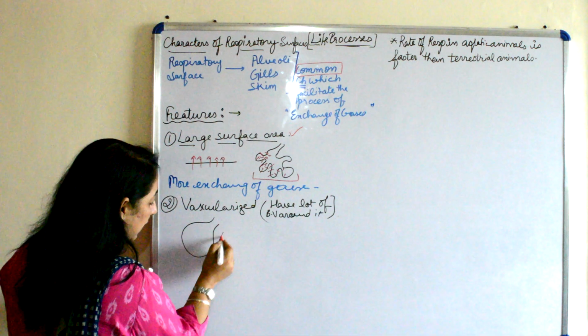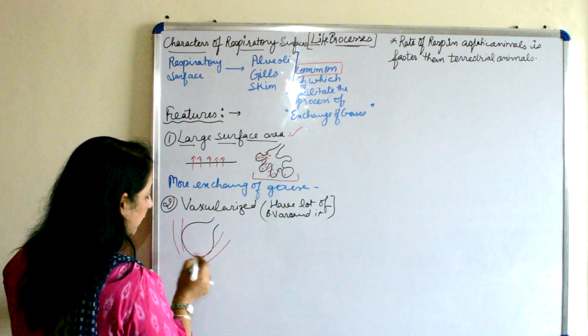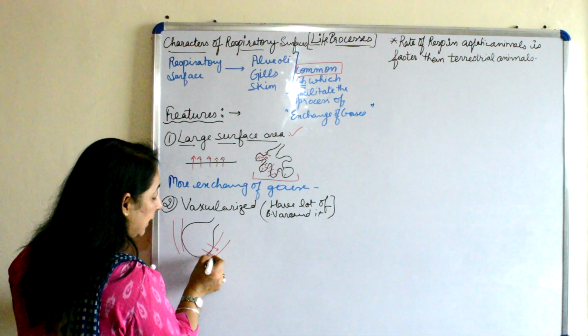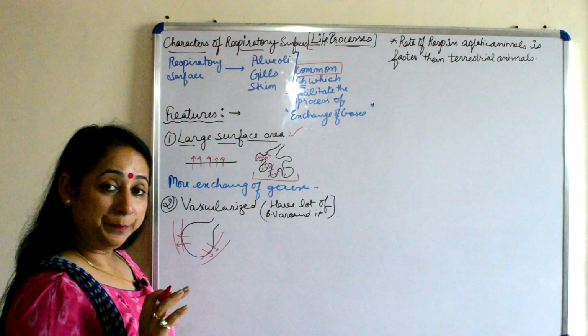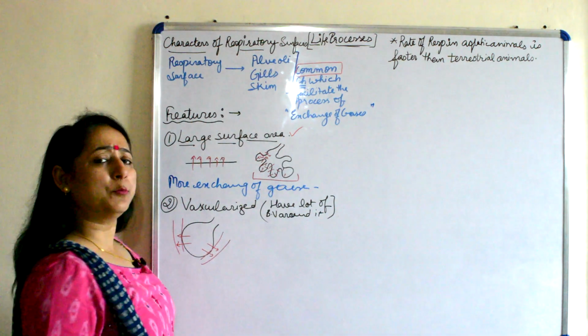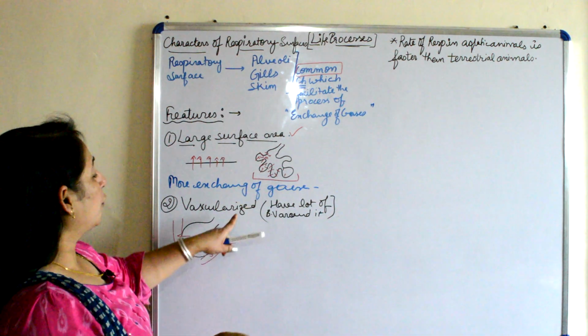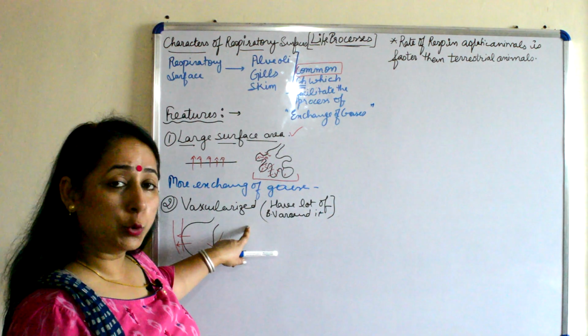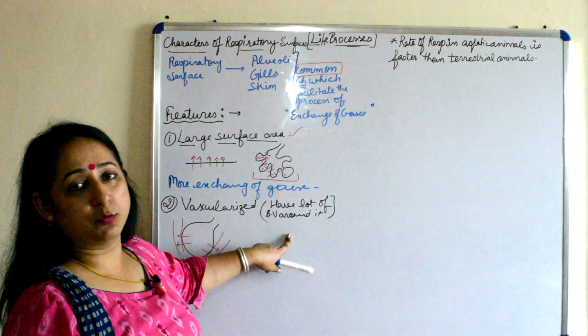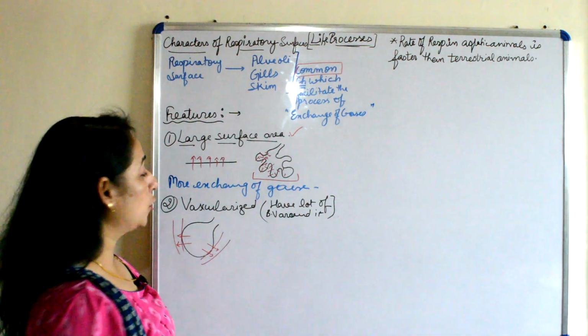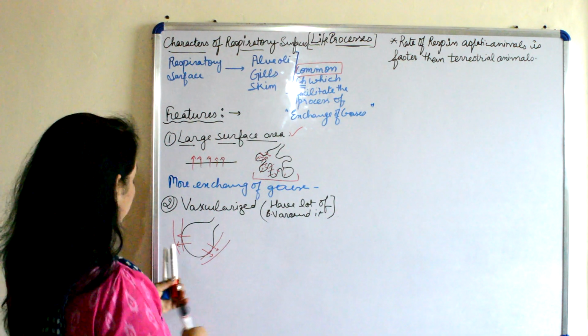Many blood vessels flow around it. So what will happen? It can diffuse more amount of gases in and out. So it has to be highly vascular. Same goes with gills, same goes with skin. Whatever respiratory surface is there, it has to have a lot of blood vessels around it for the easy diffusion of gases or exchange of gases.